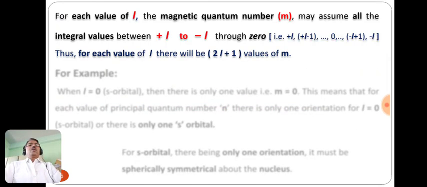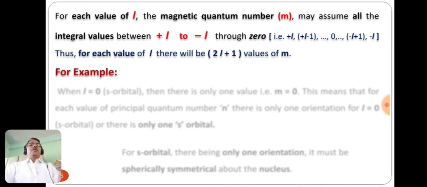Now let's see, for each value of l, that is the azimuthal quantum number, the magnetic quantum number m may assume all integral values between +l to -l through 0. So for each value of l, there will be 2l+1 values of m.